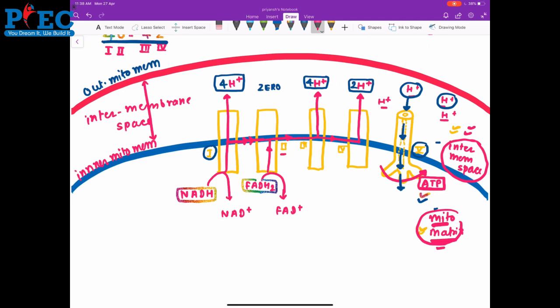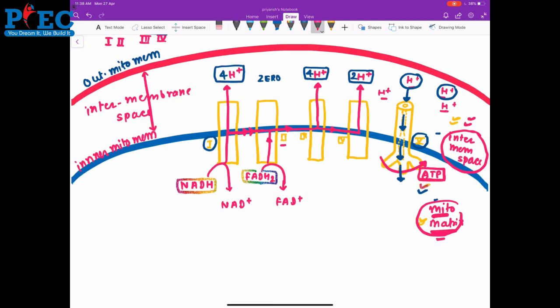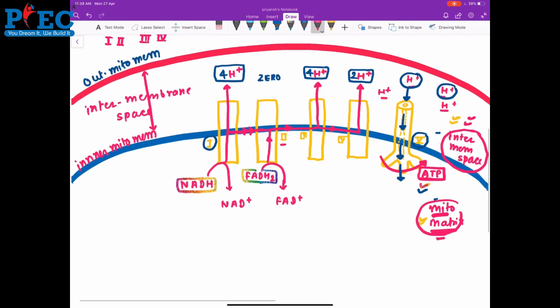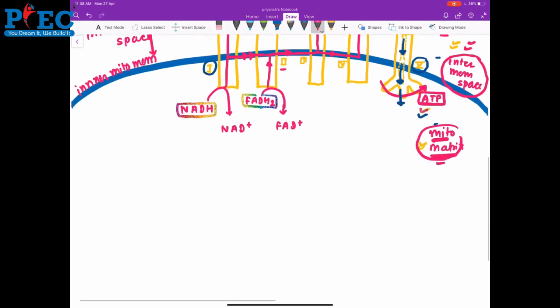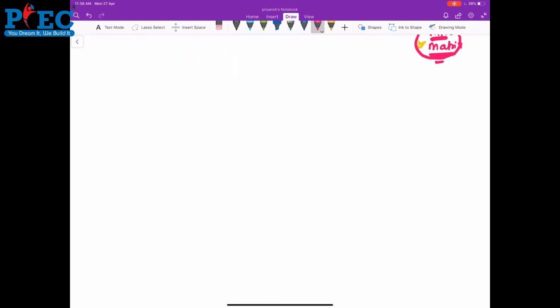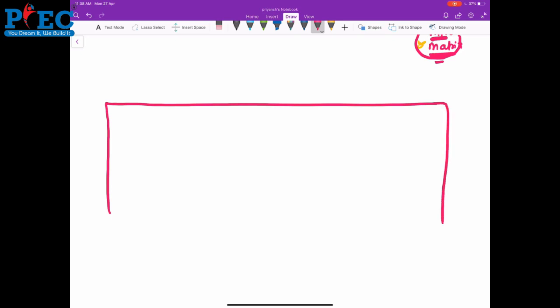The next thing you should know regarding these complexes is the name of each complex, because these complexes are made up of some enzymes. So we should know the name of the enzyme in complex 1, 2, 3, 4 and 5. So we will make a table. In the first column, we will write down the name of the enzyme, for complex 1, complex 2, 3, 4 and 5.